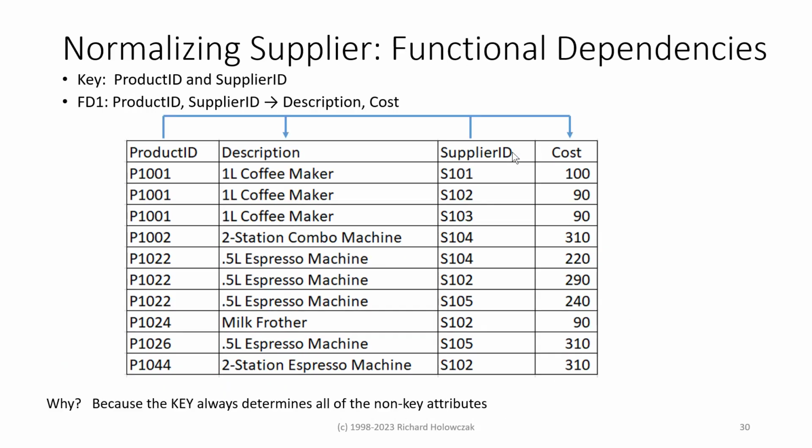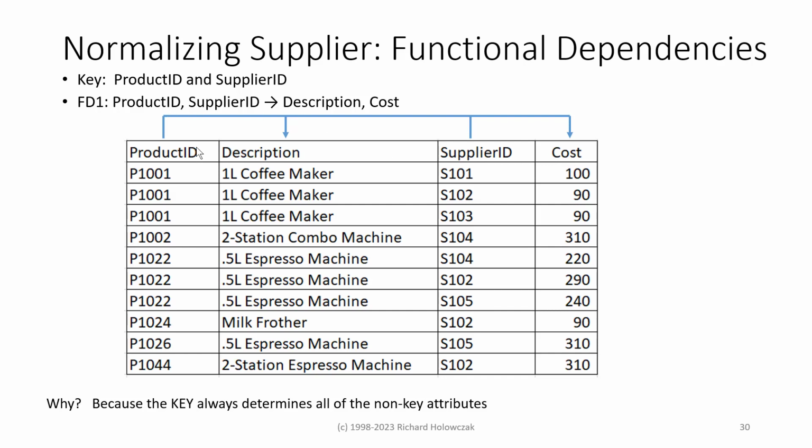We can write down a functional dependency. Sometimes in some books, they'll write out a functional dependency in a little graphical format. A line that goes up means these are the determinants, product ID and supplier ID. And then description and cost are the dependents.